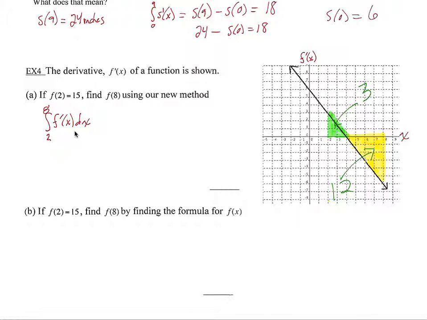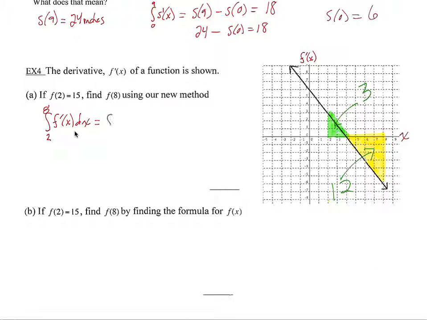So what we know then is that, back here to our integral, using the fundamental theorem of calculus, the ending position minus the starting position is going to be the total that we have.